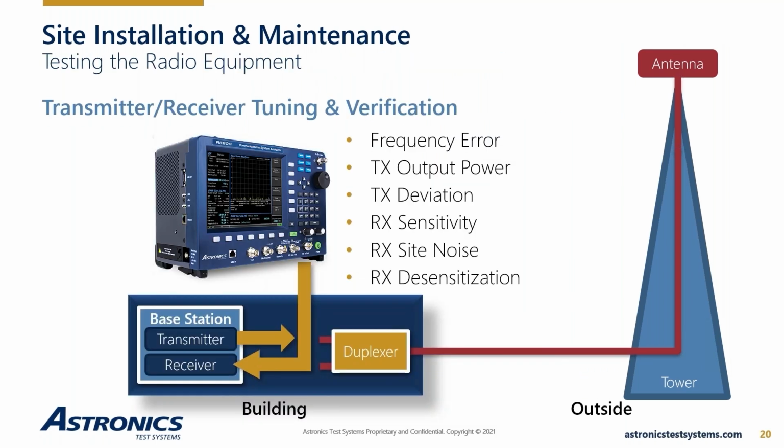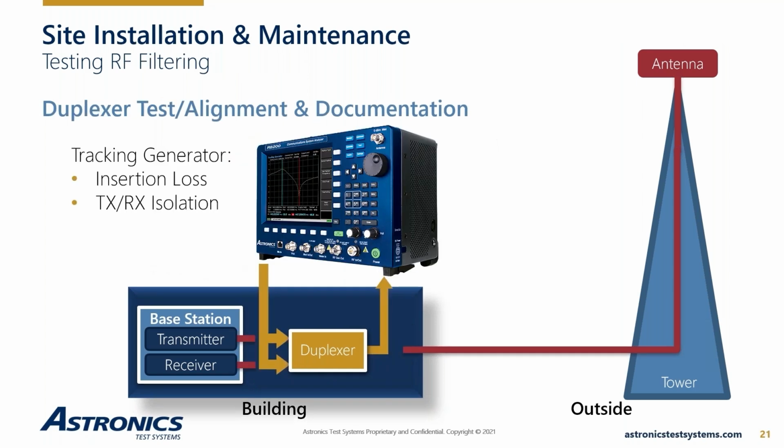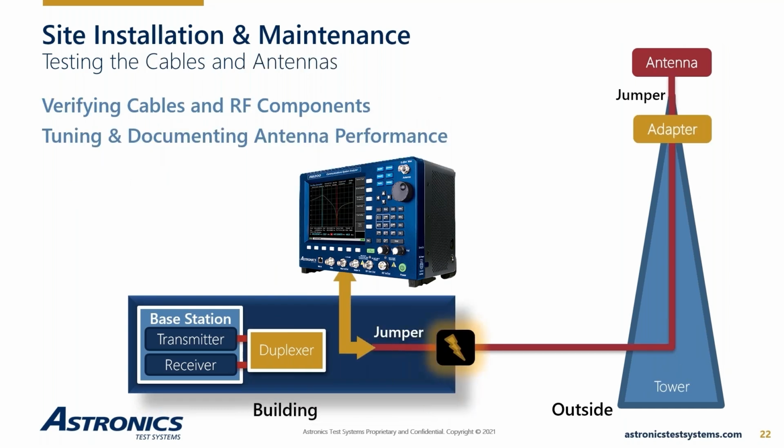So whether you're looking into the transmitter and receiver and making these measurements, whether you're hooked up to the duplexer with the tracking generator or with the VNA, oops, sorry, wrong button, or whether you're looking down the line and finding faulty lightning arresters or faults in cables, weather degradation, water ingress, or bad adapters, or as we say here in Texas, when somebody shoots a bullet hole in your hard line, you can tell within inches or even less than an inch the distance to that fault before the tower crew climbs up to look for it.